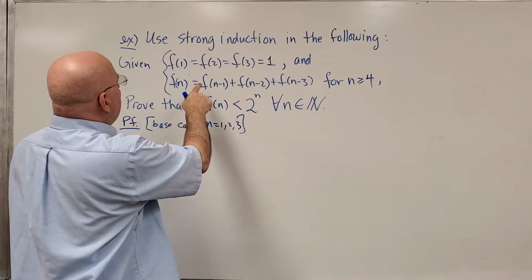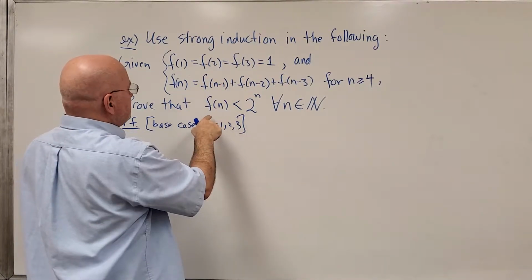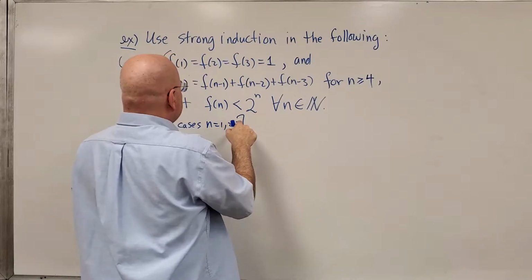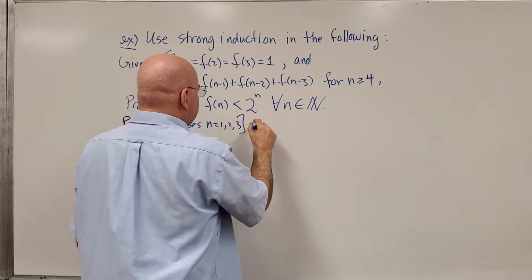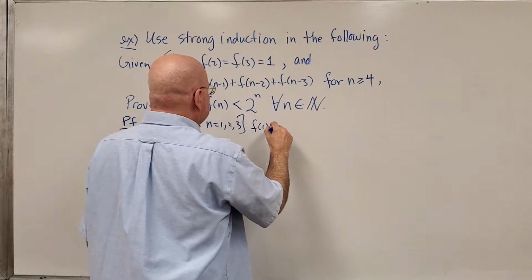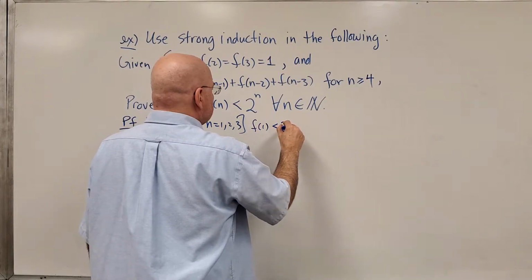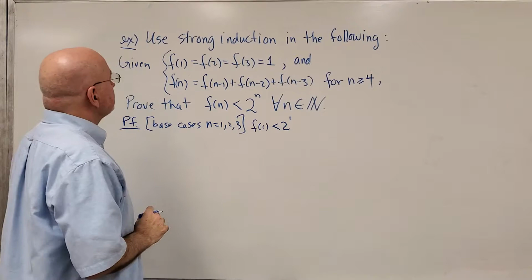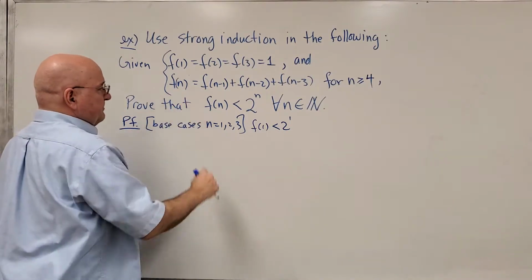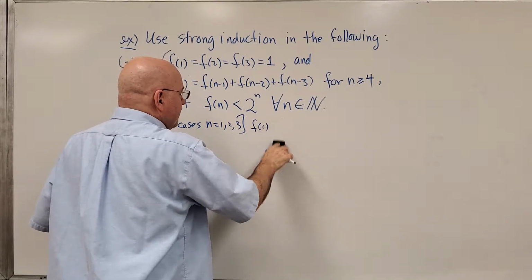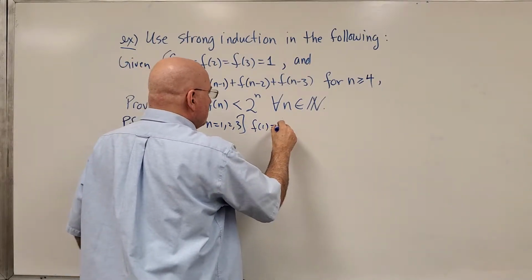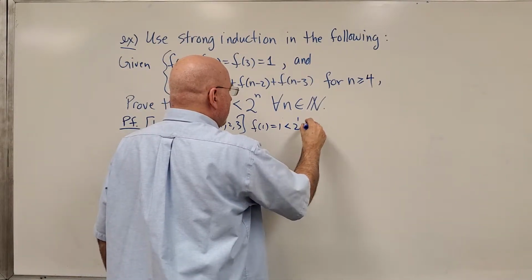For n equals 1, we need to show that f of 1 is less than 2 to the 1. Well, f of 1 is simply the number 1. So f of 1 equals 1, and that's less than 2 to the 1.